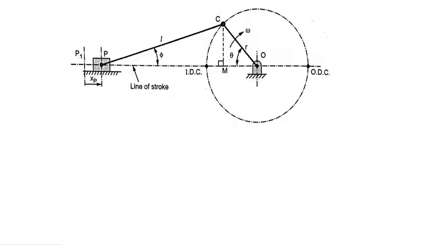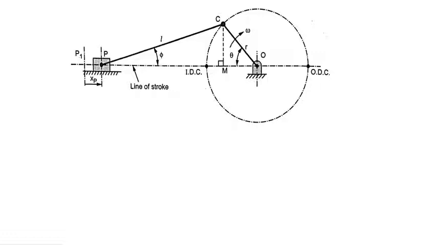The analytical method, sometimes called the approximate equation method. In this method, we derive the equations analytically, and it is used for analysis of inertia forces in an IC engine mechanism.